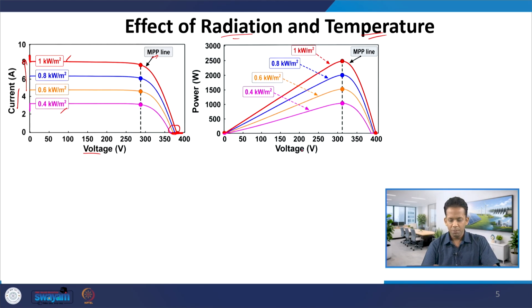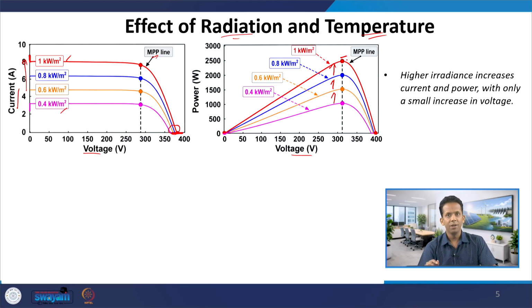When we look at the PV curve, you can see as the radiation intensity increases, the power voltage curve also picks up at a higher value, and we are able to get more power at higher radiation, right. So, higher irradiation usually increases current and power, and there is only a slight increase in the voltage.